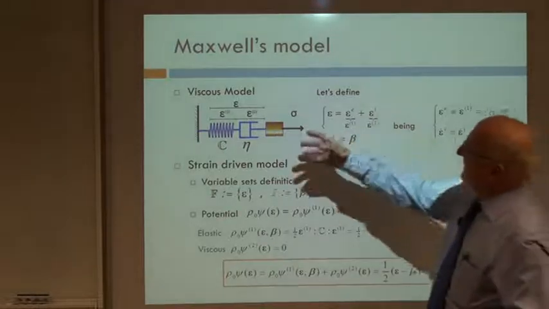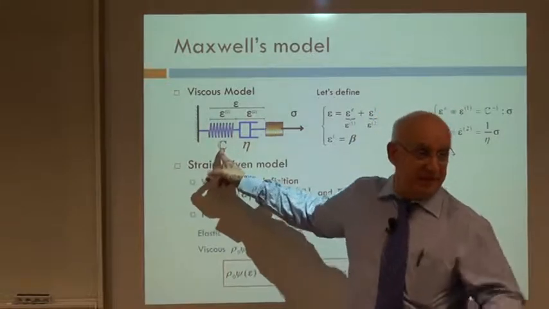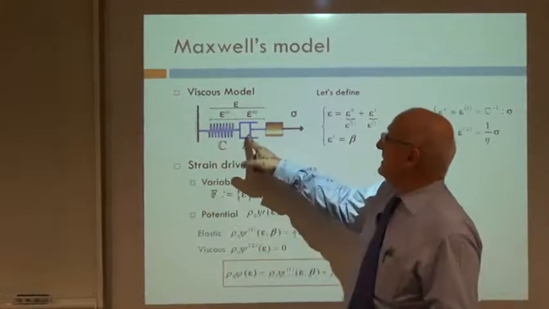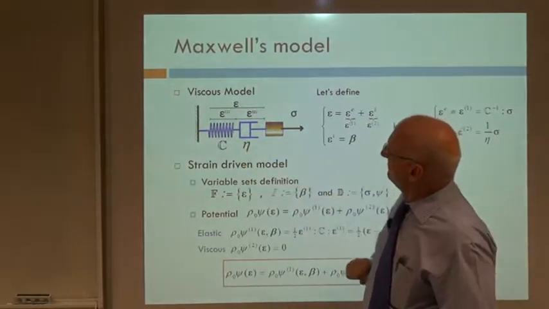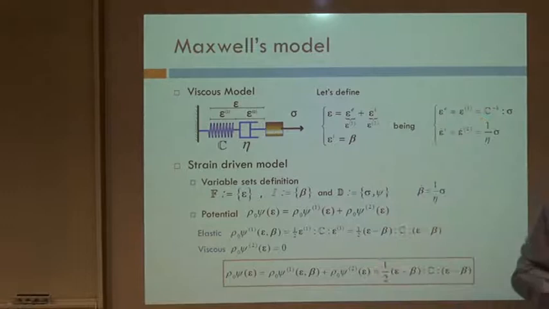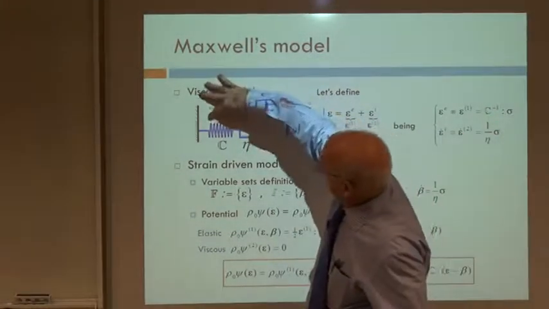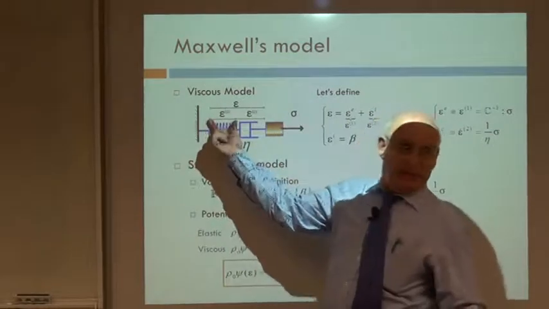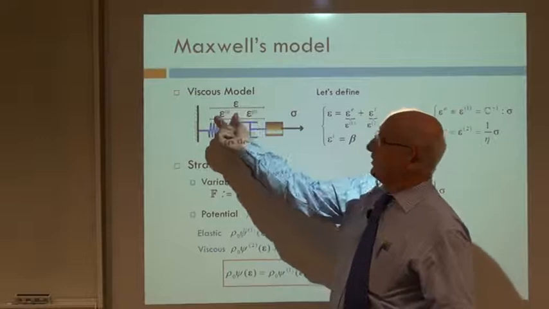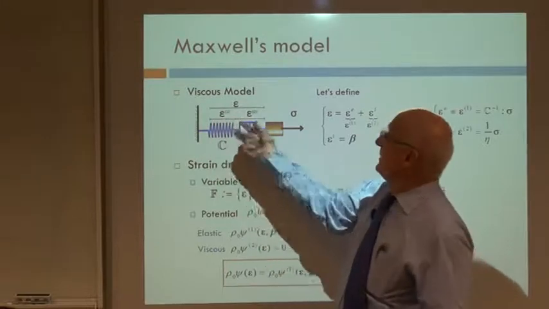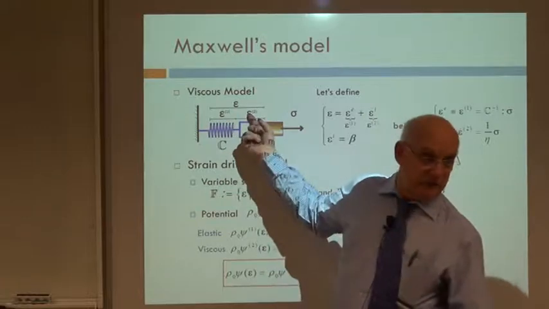Okay, so imagine that I have an elastic model characterized by some elastic property C, and a dashpot characterized by some viscosity eta. Okay, and then of course I can consider the strain of the elastic model, which I call epsilon 1, and the strain between both ends of this dashpot that I call epsilon 2.